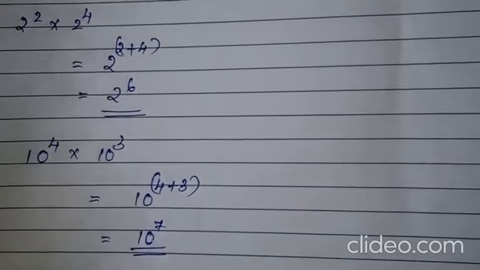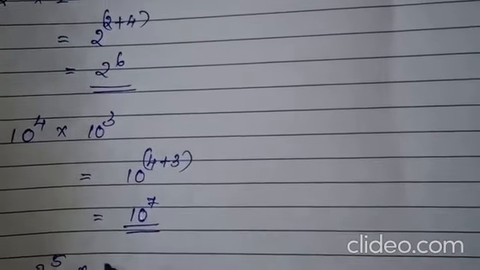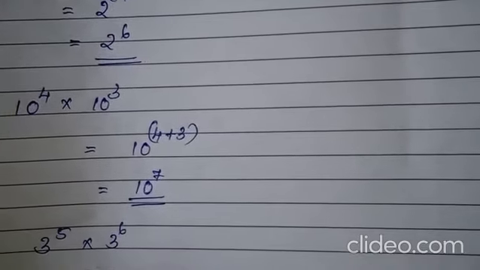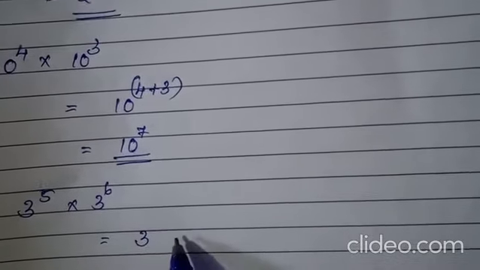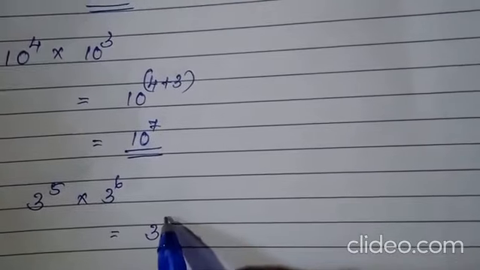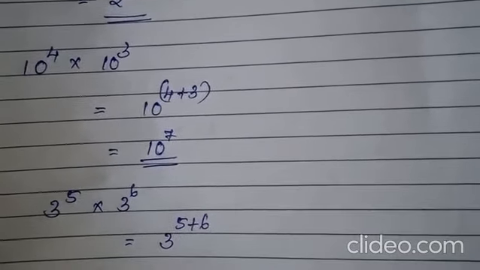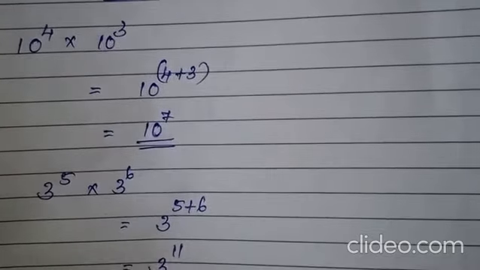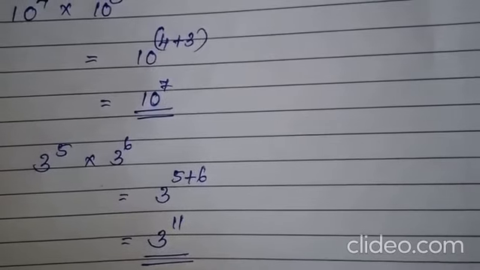Let us do another example: 3 raised to 5 into 3 raised to 6. The bases are the same, so we just add the exponents: 5 plus 6. So the answer is 3 raised to 11.